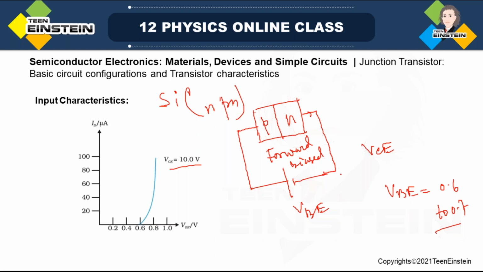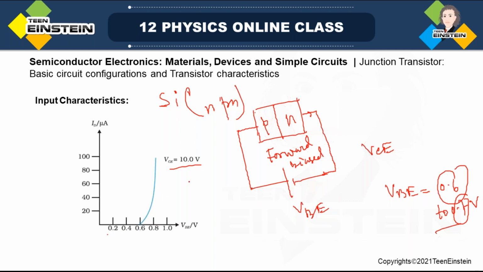As you know, in an ideal diode forward bias conducts and reverse bias doesn't. And in forward bias also, if the biasing voltage is below 0.6 or 0.7 volt, there is negligibly small, almost zero current.